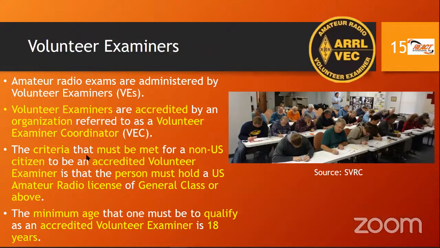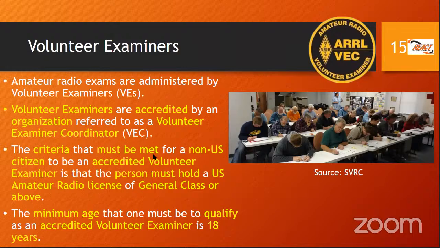We also need to be aware that there's a criteria. If you are a non-US citizen, there's a criteria that must be met for you to become an accredited volunteer examiner. That person must hold a US amateur radio license of general class or above.